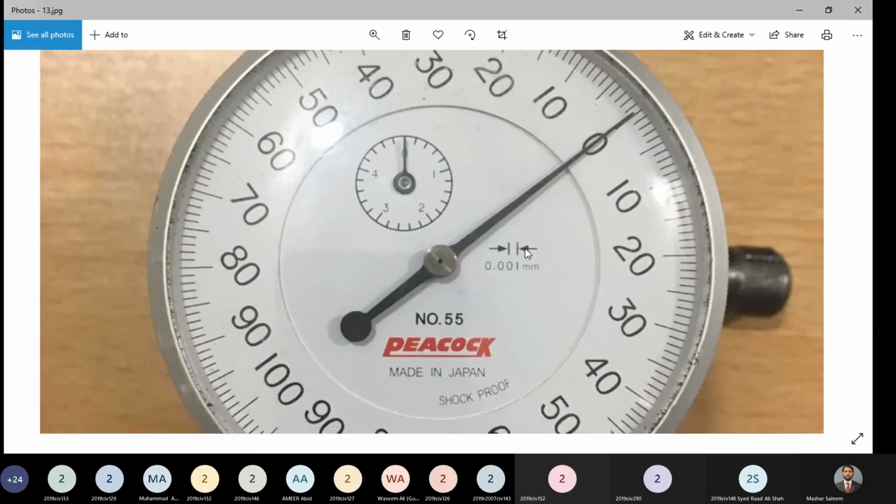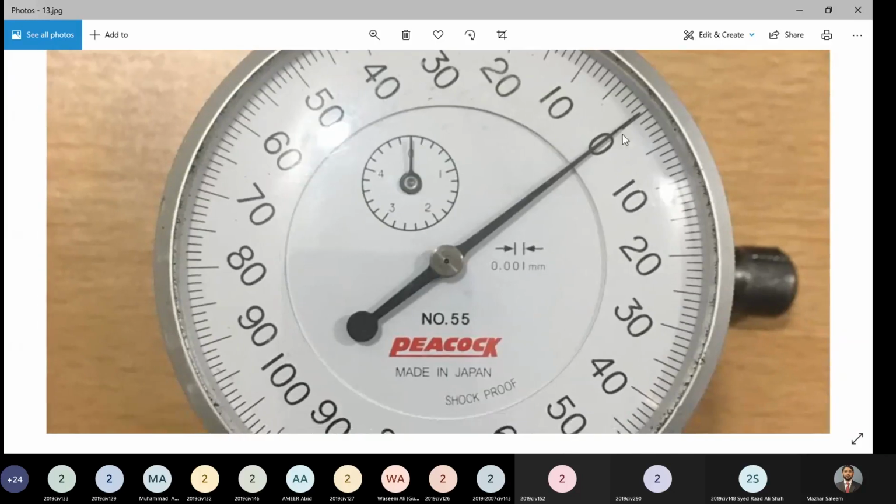And then if you look at the small scale, starting from 0, if you look at the graduation in both directions, in counterclockwise direction 10, 20, 30, and in clockwise direction we have 10, 20, 30, and so on. Again, before taking the measurements, we need to know whether the needle will be rotating in clockwise direction or counterclockwise direction when we measure our physical quantity.